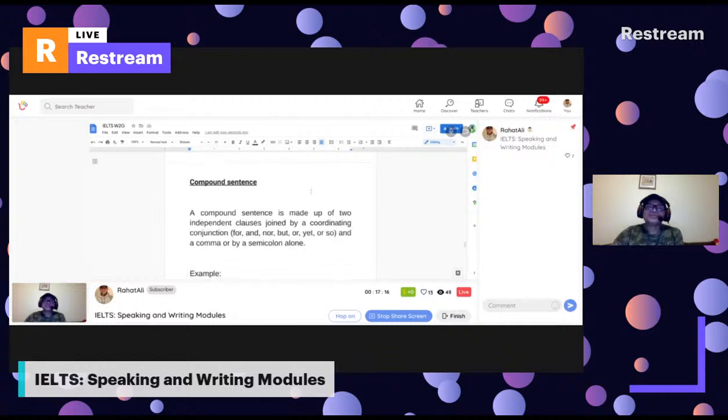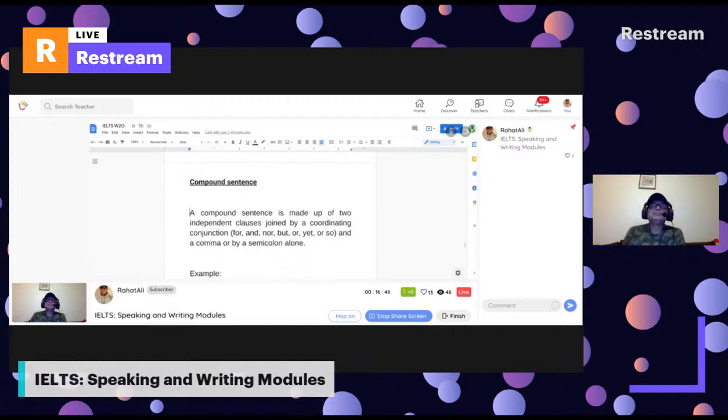Okay, next one is compound sentence. So what is a compound sentence, guys? A compound sentence is a sentence which is made up of two independent clauses joined by a coordinating conjunction. We have to bear in mind that in a compound sentence, both parts are meaningful separately.